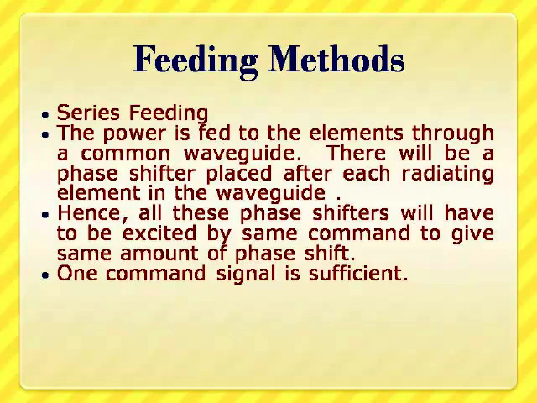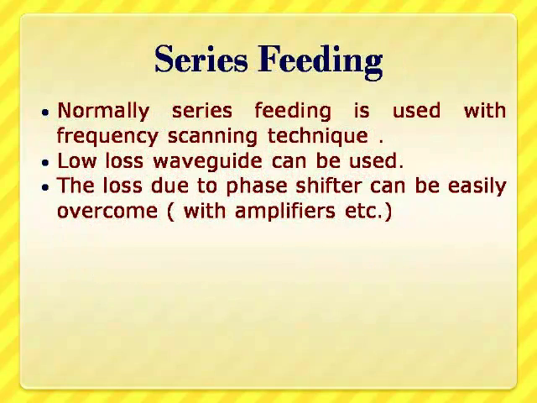The advantage we can have is that one command signal is sufficient in this context. This type of feeding mechanism is normally used with frequency scan arrays, and there can be one waveguide which is sufficient to feed all the elements. So this waveguide we normally select to have very low loss.